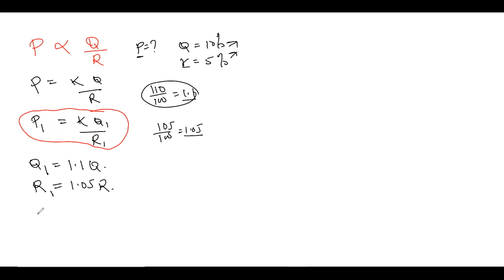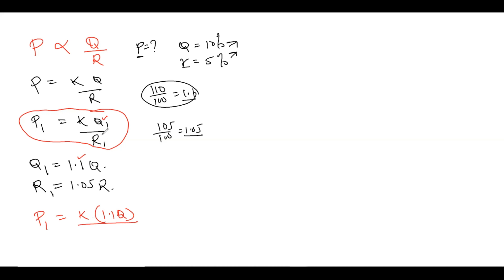So I'll write P1 is the same as K into brackets, Q1 is the same as 1.1Q, so I write 1.1Q. Instead of writing Q1 here, I write this value of Q1 I got there, which is the same as 1.1Q. Then there is over, so I'll write over.